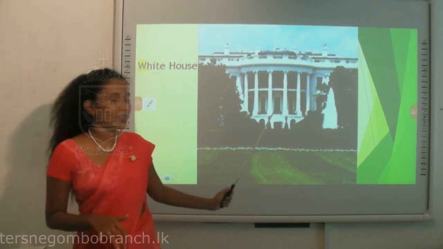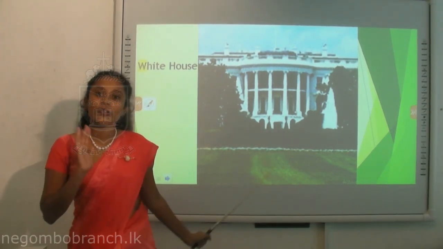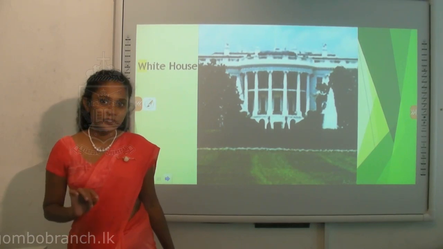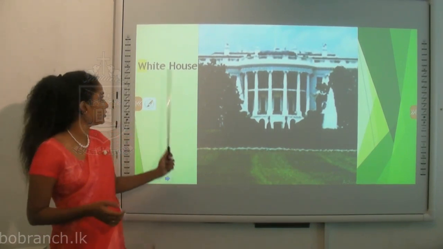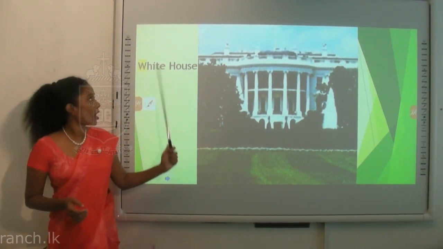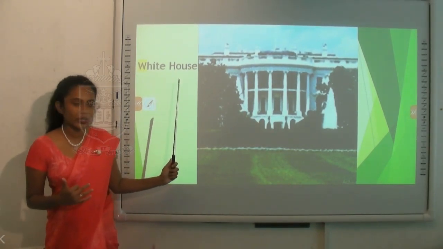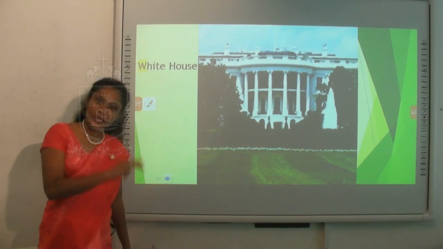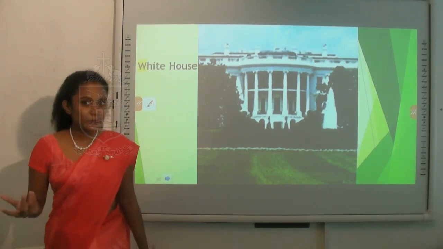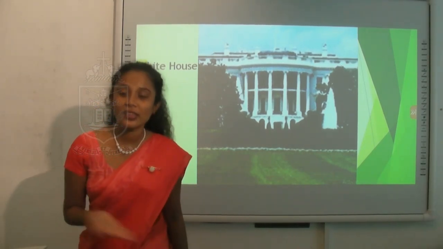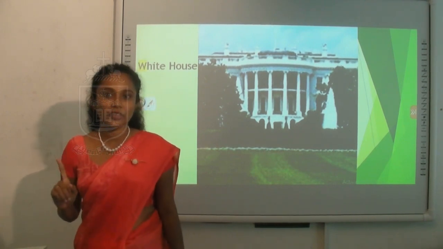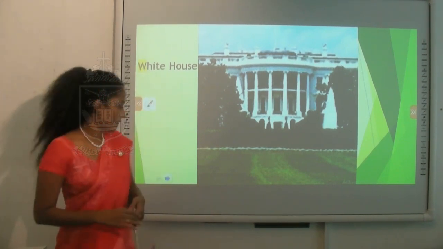No. It's in America. This is the official residence of the president in America. It is called the White House. White, W is capital, and House, H is capital. So for the names of places, people and pets, we use the first letter in capital. Right, the next one.